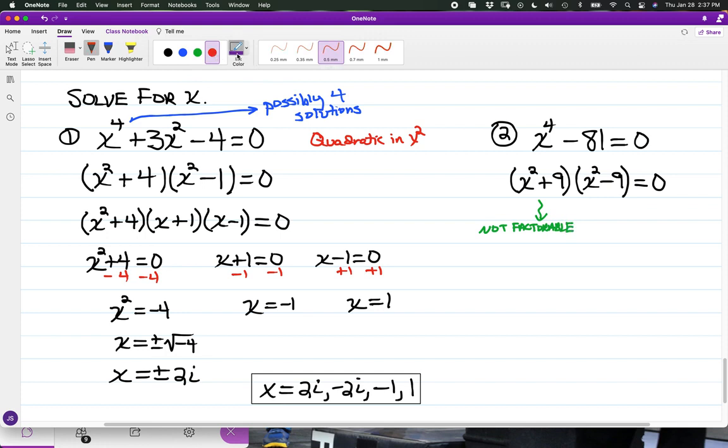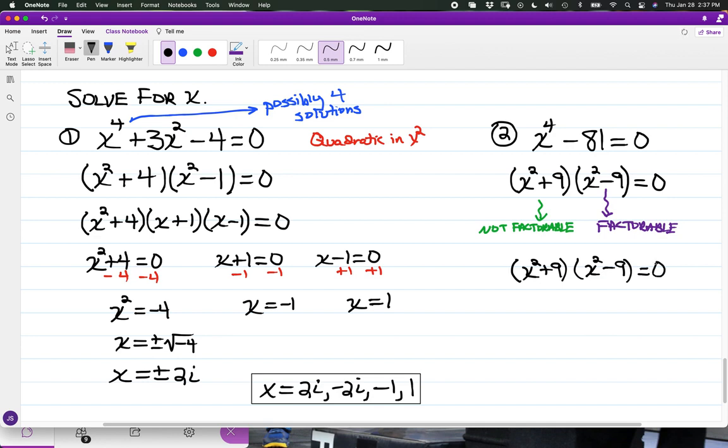And in terms of what we have with x squared minus 9, because we have a difference of squares, that one is factorable to x plus 3 and x minus 3. But what I'm going to do here in the follow through is just apply the square root property of equality for both sets of terms.